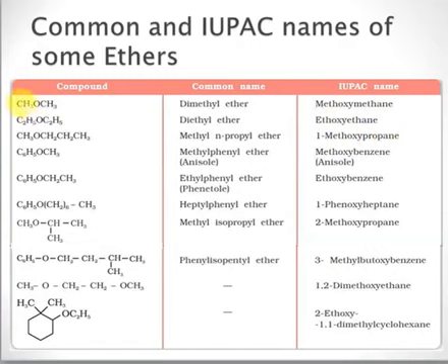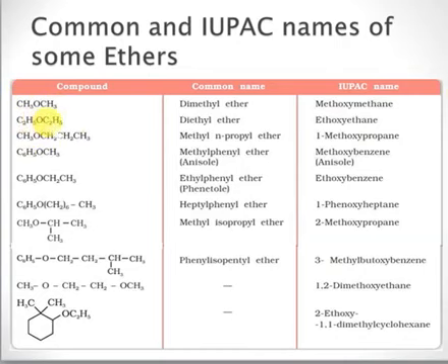For example, we have two methyl groups, which are the same, so this is a simple ether. The common name for that will be dimethyl ether. But in case of the IUPAC name, we consider one group as alkoxy, so we say this is methoxy and the next part becomes the alkane, so it is methoxymethane.